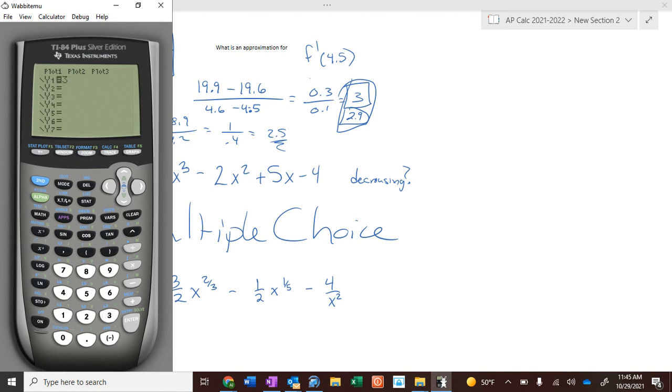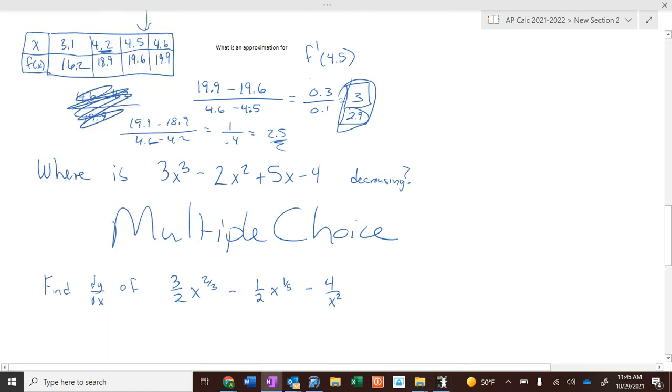But if we go 3x cubed minus 2x squared plus 5x minus 4 and graph, I'm too zoomed in here. Zoom 6. Ooh, this is bad. Okay, let's just say it goes like this. Where is it decreasing? Well, it's decreasing from here to here.